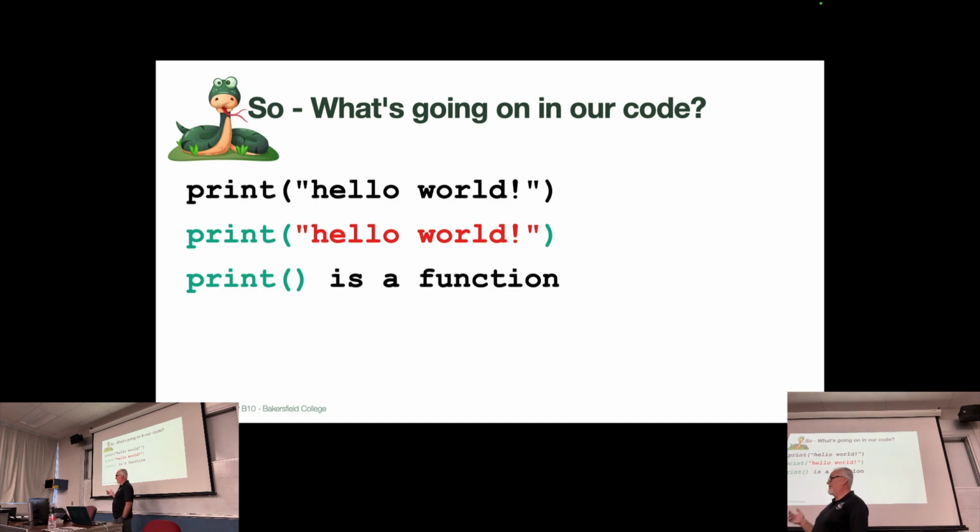Print is pretty useless without the stuff inside the parentheses. Other ones, that's okay to have it empty. We always have to include the parentheses though. Even if they're empty, a function always has to include parentheses. That's part of what Python uses to recognize that that is a function or a command.